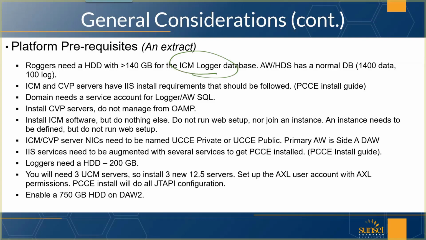The AW HDS has a normal database. This is back like forever, a 1400 byte data and 100 log database. ICM and CVP servers have some IIS install requirements that are going to be followed. Look to the PCCE install guide for details on that.